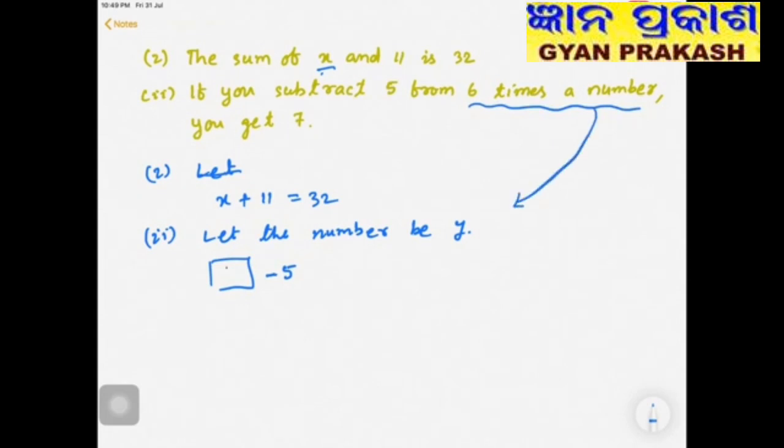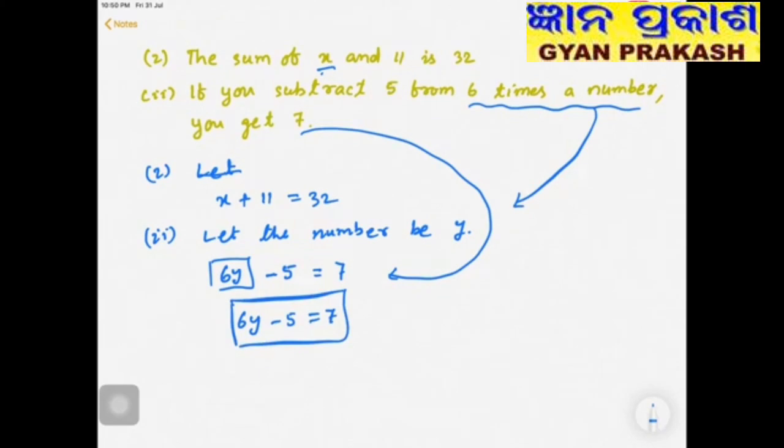That means it is 6y. So 6y minus 5. What do we get? We get 7. That means the equation is 6y minus 5 equal to 7. It is our required equation.